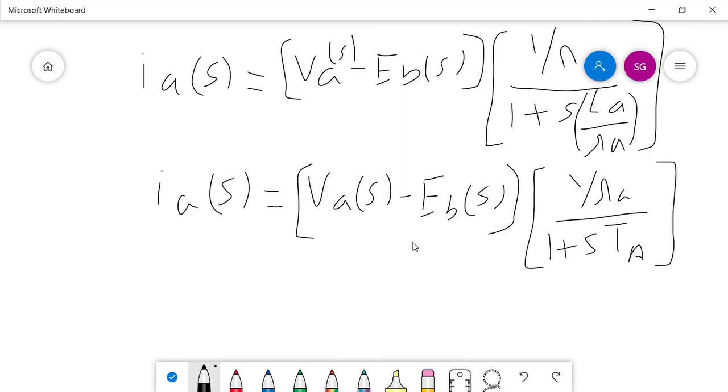So let us discuss why we are converting this equation to this form. Exactly what does this represent? This represents a decaying function.